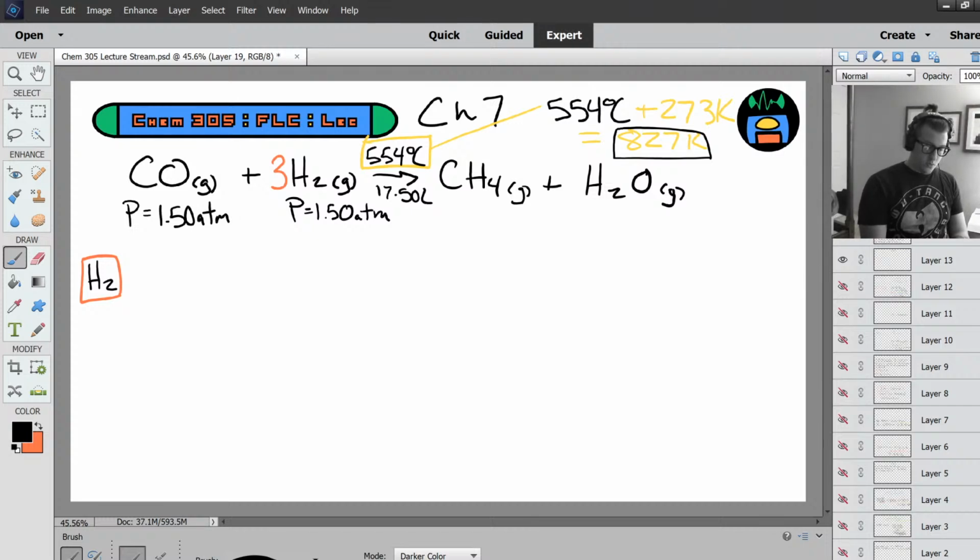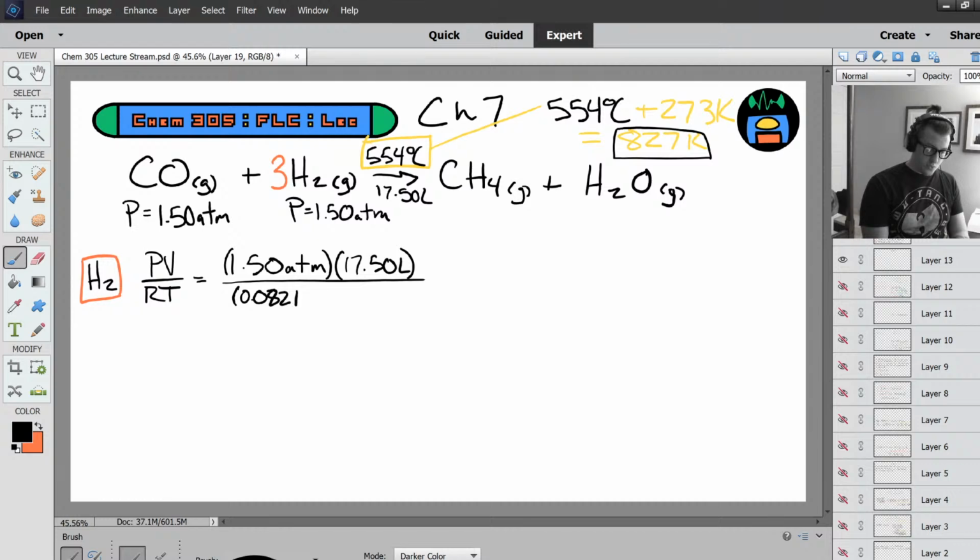We know that moles are equal to pressure times volume over R times temperature. Our pressure for hydrogen is 1.50 atmospheres. Our volume is 17.50 liters. R is always 0.0821 liter atmospheres over mole Kelvin.